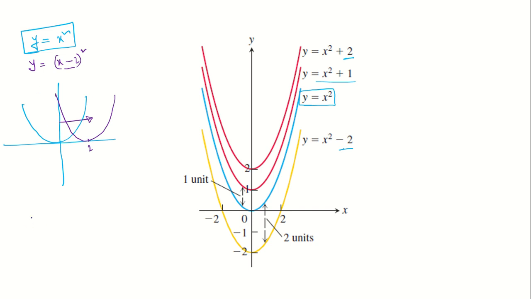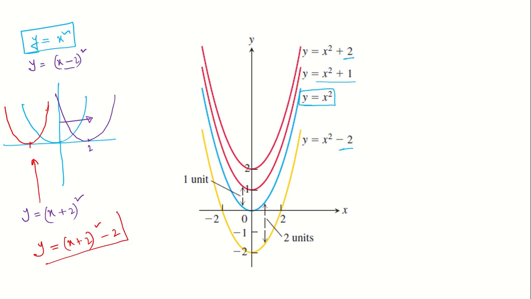If we are given y equals x plus 2 whole square, what will happen here? Move to the left. Okay, then this one will be the vertex point. And now y equals x plus 2 whole square, negative 2.